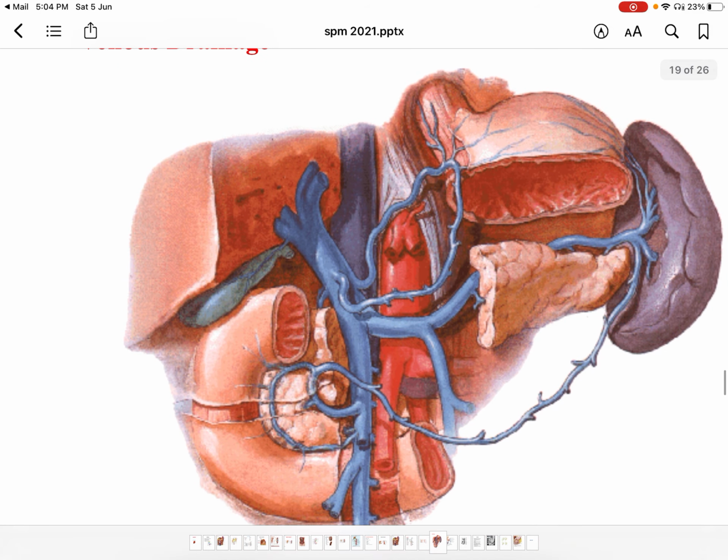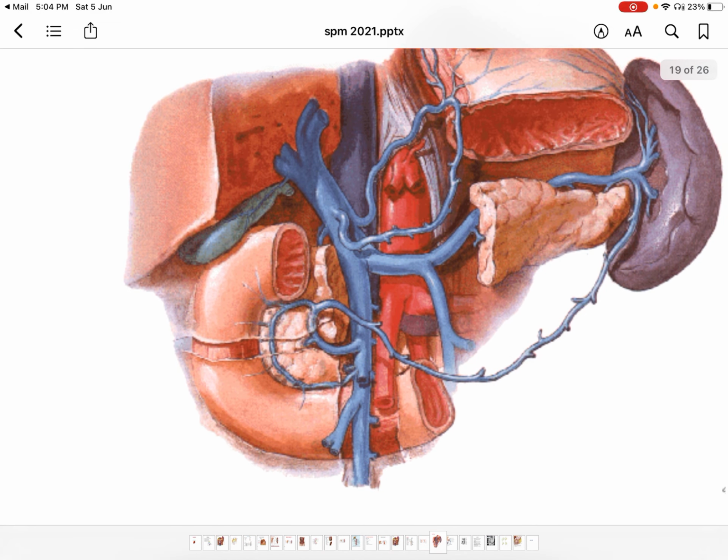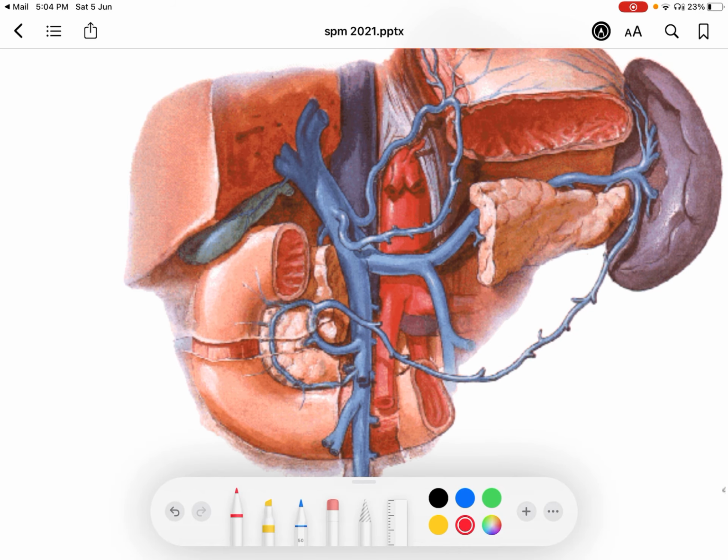Now you can see here the venous drainage and formation of the portal vein. This portal vein is formed by the superior mesenteric vein and the splenic vein. This is the portal vein formation behind the neck of the pancreas, from the splenic vein and superior mesenteric vein. This is the inferior mesenteric vein, and this is the venous drainage of the duodenum.